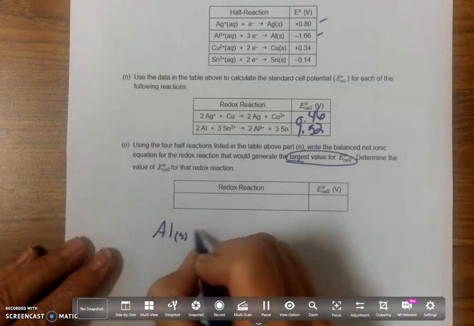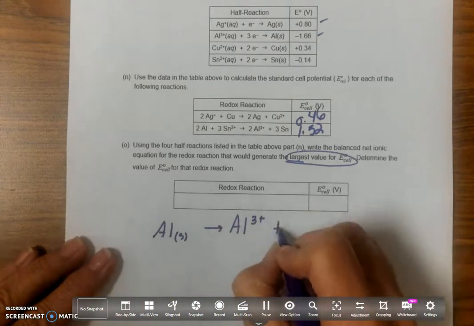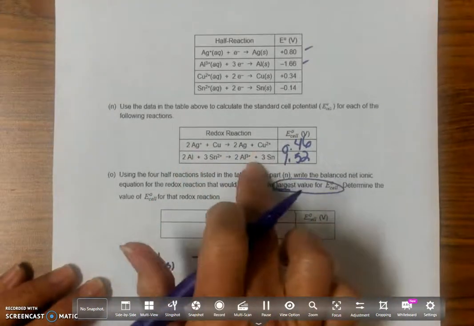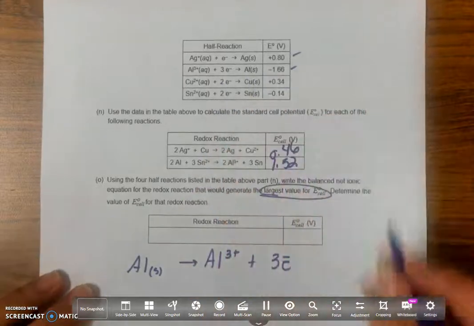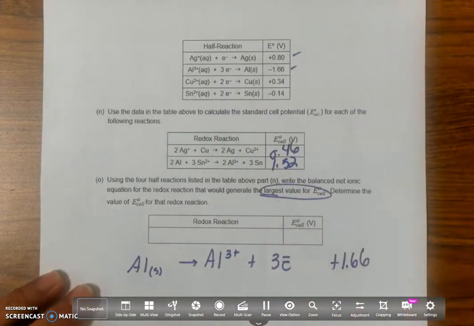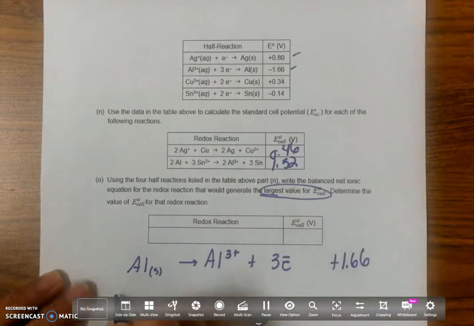I'm going to say aluminum solid goes to aluminum 3+ plus 3 electrons. All right, so now I don't have everything given to me like I do here. I've got to do the electrons myself. All right, now that I flipped that, that's a 1.66. Okay, now I want to combine that with silver, but we're going to leave silver as it is.